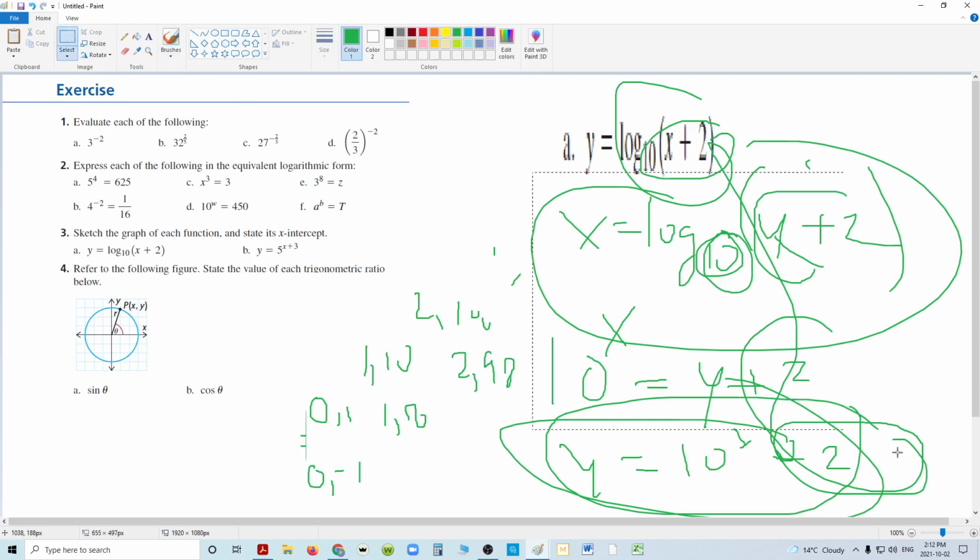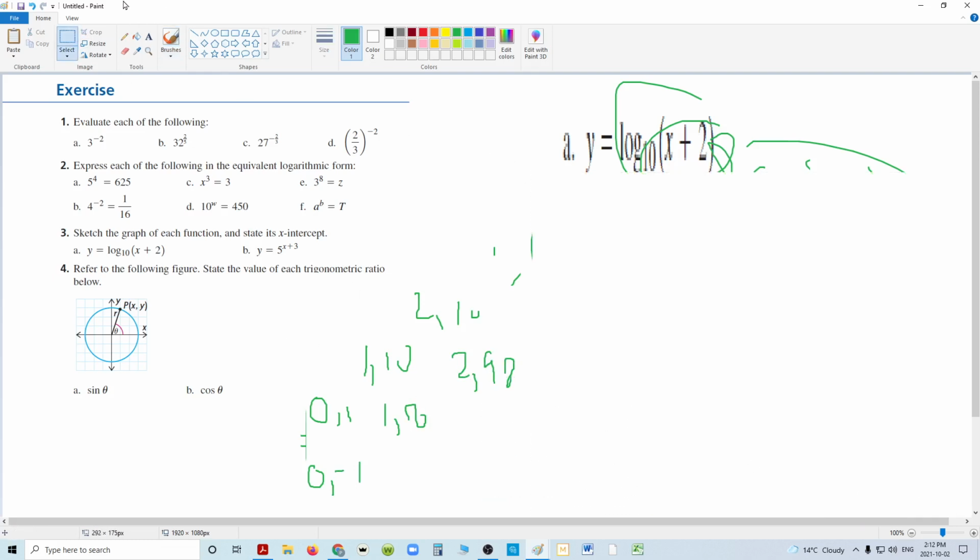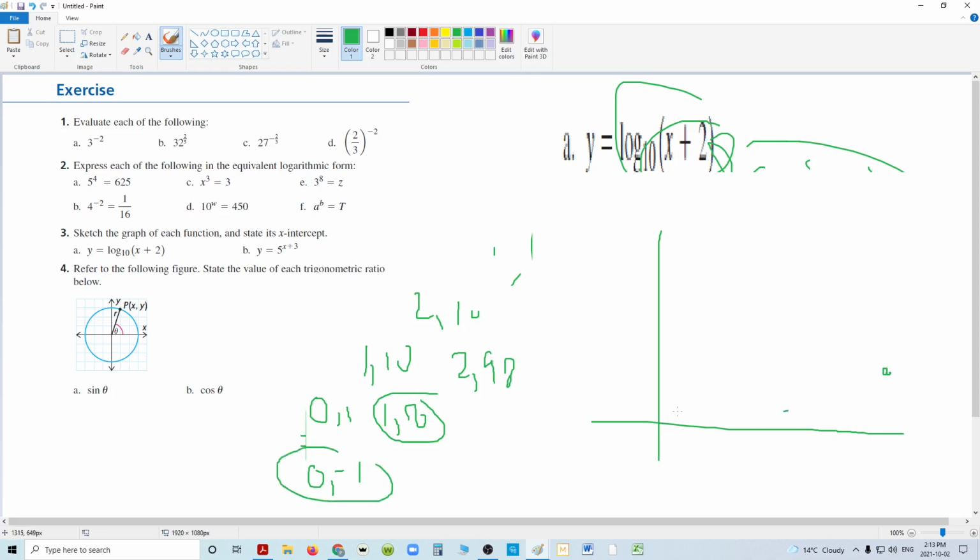Those will be the opposite values. And if I sketch those, I get the opposite values will be 98, 2, 8, 1, 0, minus 1, like this.